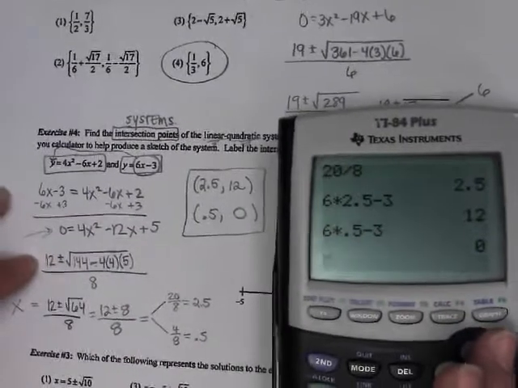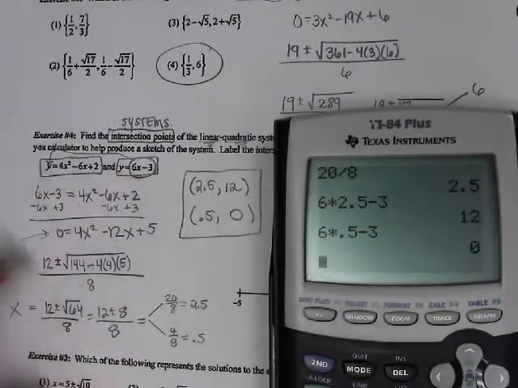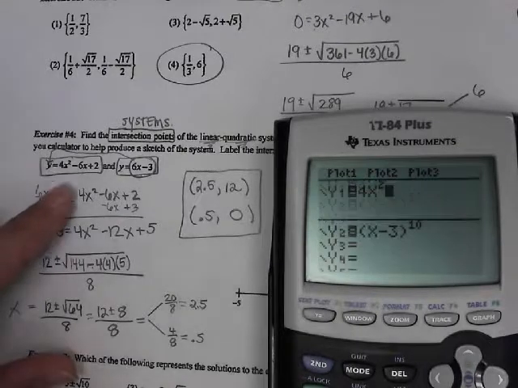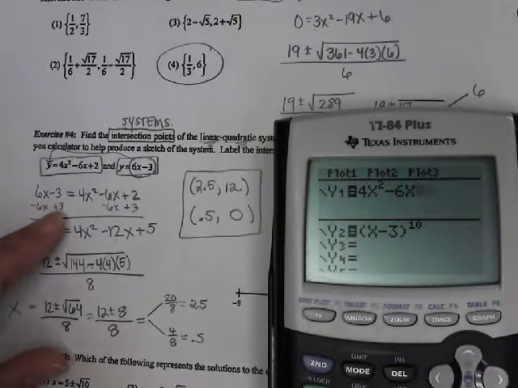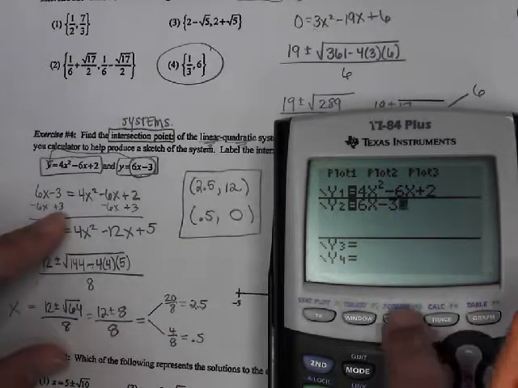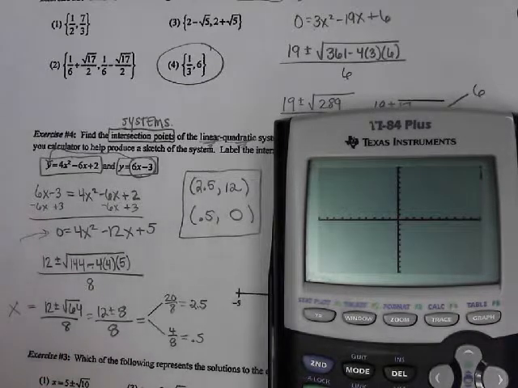Now, checking on your calculator, you literally graph those two equations. So you can just watch here: 4x squared minus 6x plus 2, and 6x minus 3. And if I graph these, I'm going to see a parabola. There it is. I'm going to see a line. There it is.